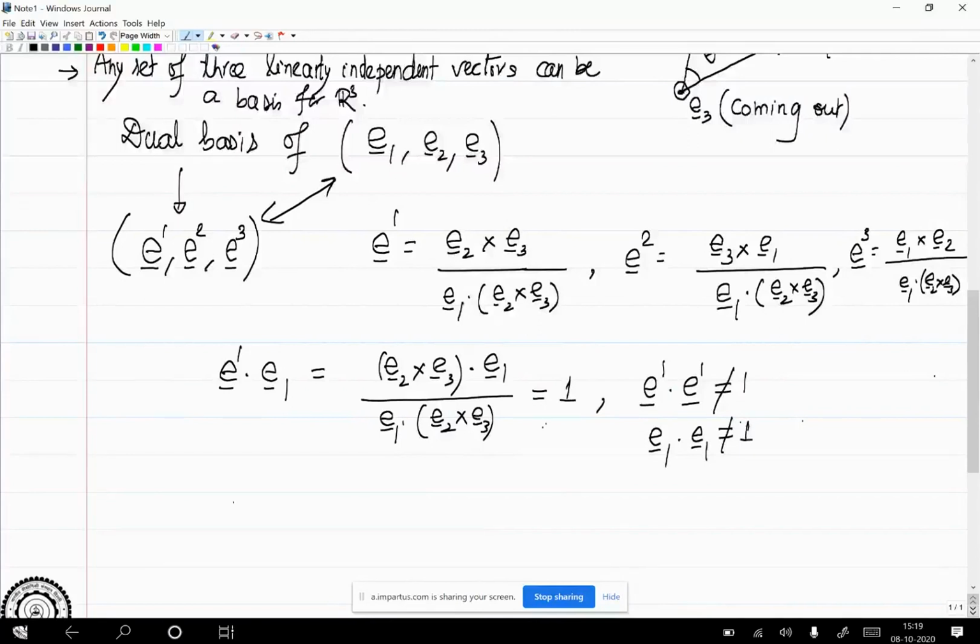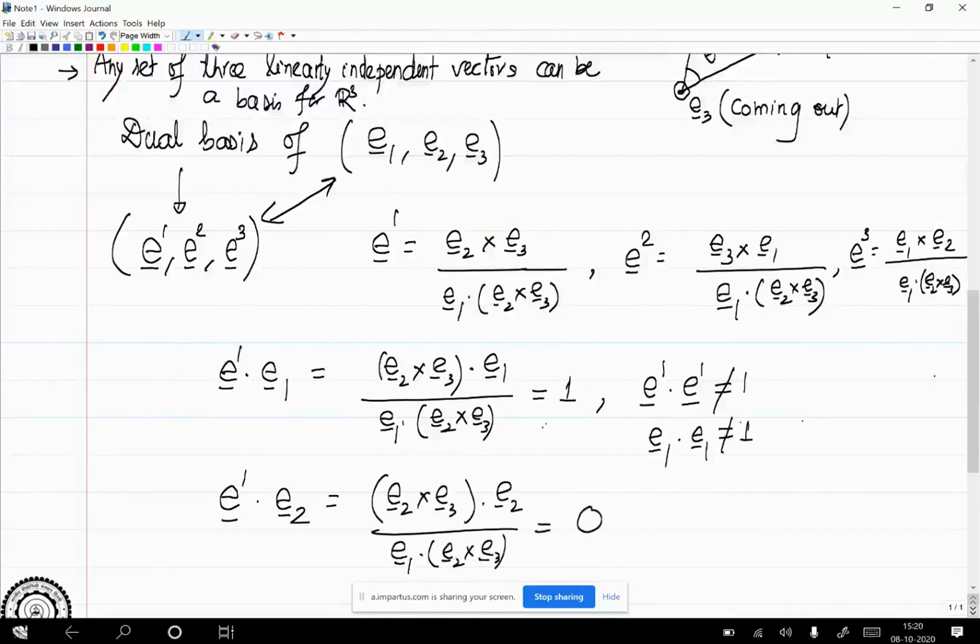Another interesting property is that when you do E super 1 dot with E sub 2, can you see what you are going to get? 0. So just use the formula. Yes, you are right. So E2 cross E3 dot with E2 divided by that scalar product automatically becomes 0.